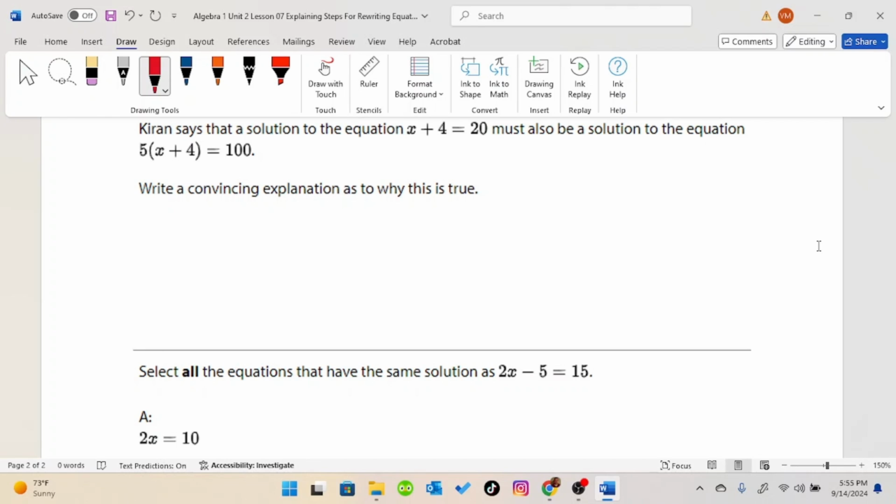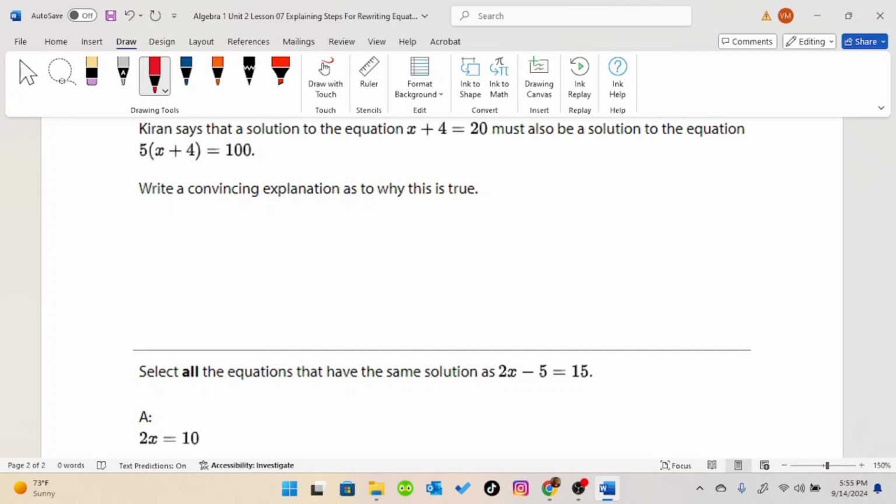So if we look at the equations, to go from x plus 4 to 5 times x plus 4, we multiply the left side of the equation by 5. To go from 20 to 100, we also multiply the right side by 5.